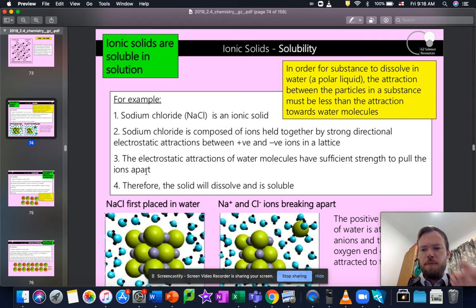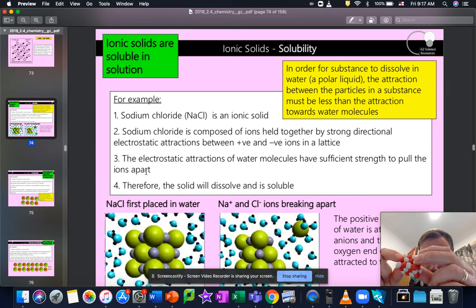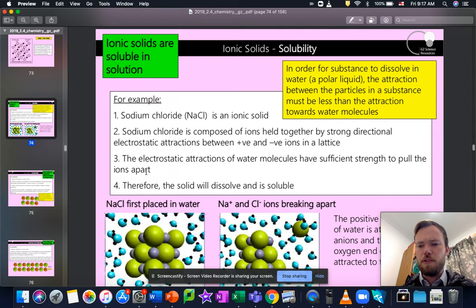Now, if we take this as our ionic lattice, our ionic solid, with our cations and our anions, see the red ones as our cations, the white ones as our anions, then they are attracted to each other because your anions, your white ones, are negative and your cations are positive, and opposites attract.